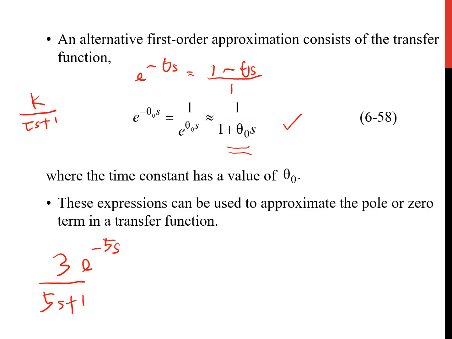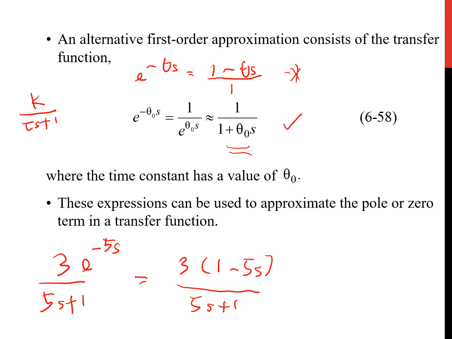If you try to convert using this one, this becomes 3 times 1 minus 5s over 5s plus 1. So you have this negative term.